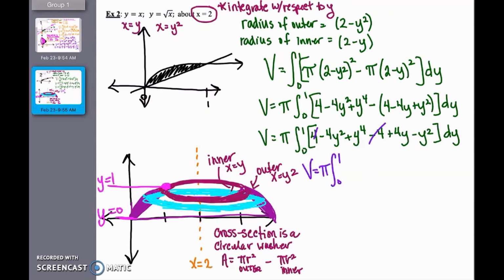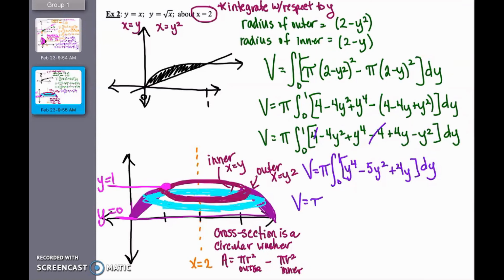Then I've got a y to the fourth term, going in descending order. When I combine my y squareds, I've got a negative 4y squared and a negative 1, so that makes negative 5y squared. And then I have a plus 4y, dy.